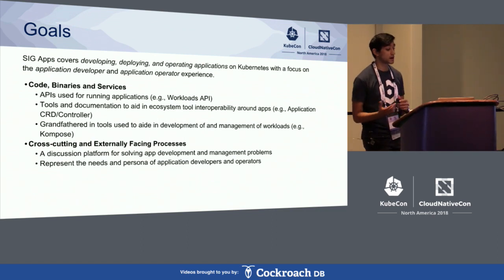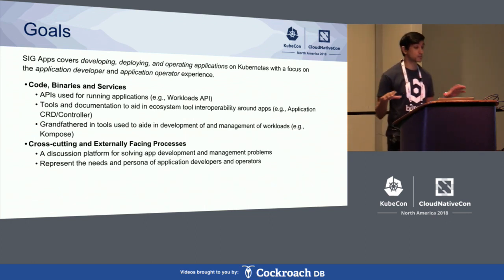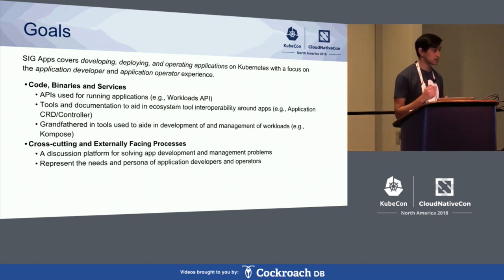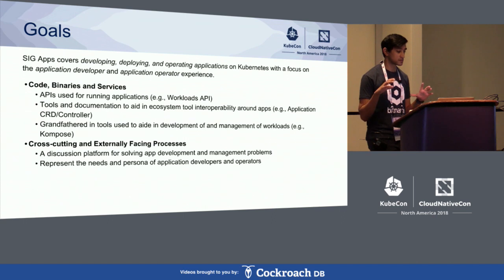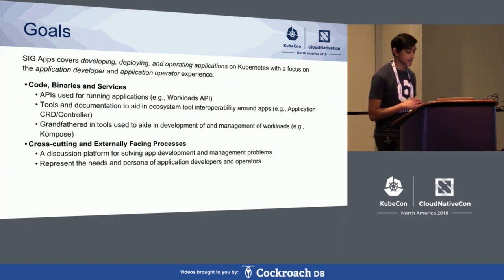And then some other tools that are working on improving the interoperability between other deployment tools like Helm and KSonnet and making it easier to work within them. And that's the application CRD and controller, which I'll go over as well in a little bit. But that's the code that we own right now.